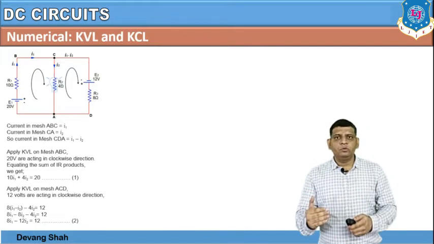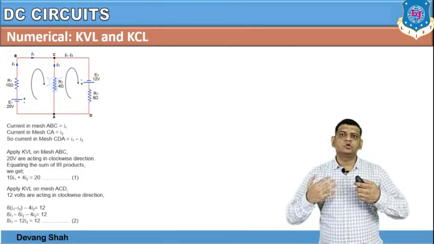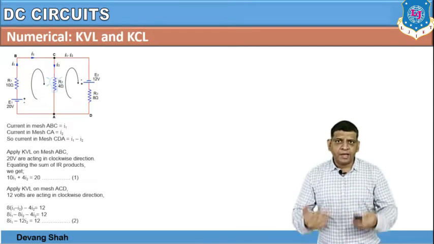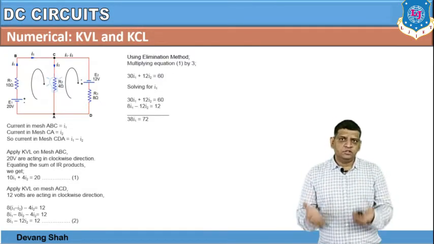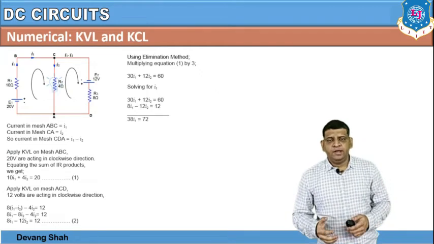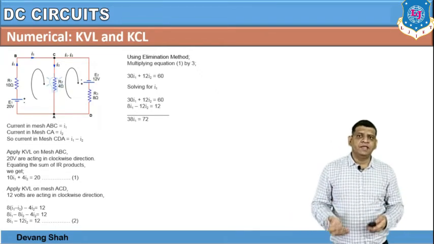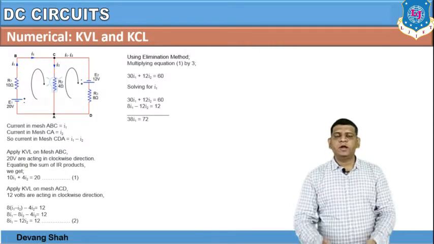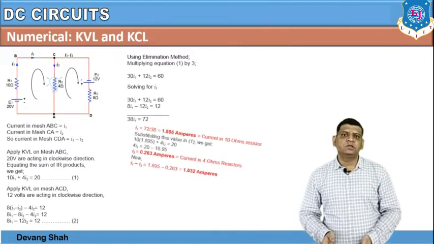Now, with these two equations you found, your job is to find the values of I1 and I2. You can straight away apply the elimination method, which is a mathematical method, and from that you can find I1 and I2. Once you find I1 and I2, you can also find the voltage drop across individual resistances, right?